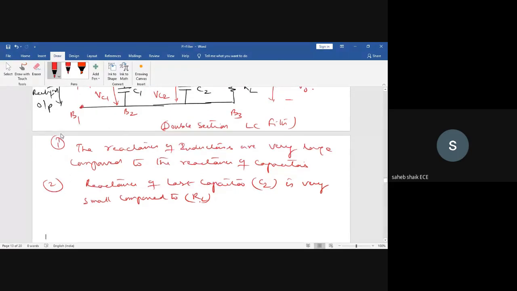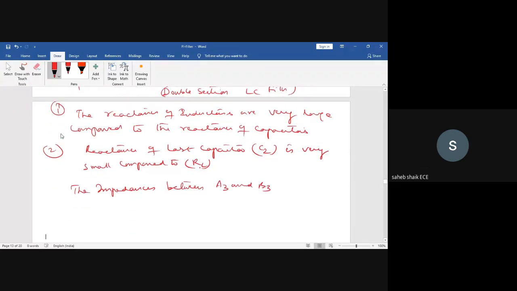Okay. Now we will see how to take the impedances between the respective nodes: one is A3 and B3, similarly another is A2 and B2, and A1 B1. A3 B3 is expressed as XC2, another is XC1, and this is XL1, or you can say XL.